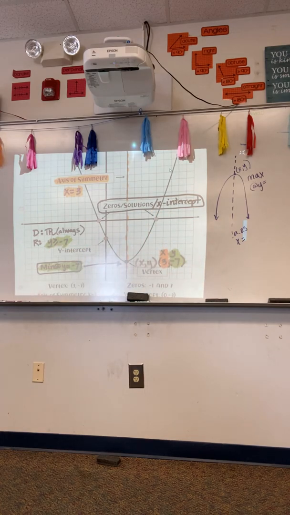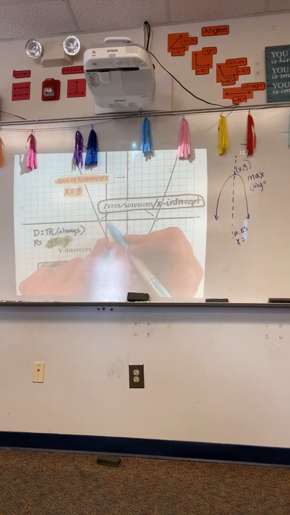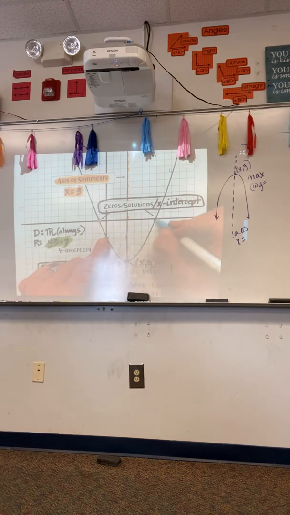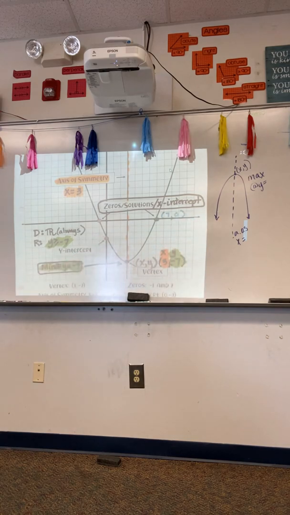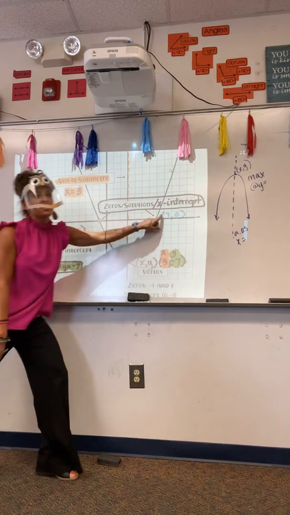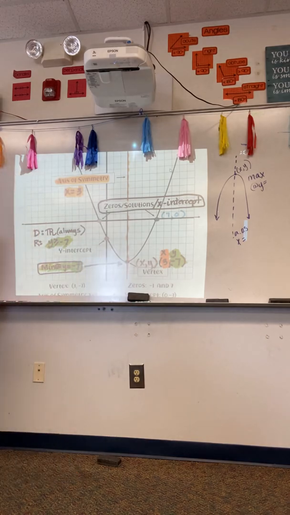This little dude right over here, I'm going to use a third color now, is, let's see, 1, 2, 3, 4, 5, 6, 7. This is 7, 0. It's called an x-intercept. It's on the x-axis and has a y value of 0.